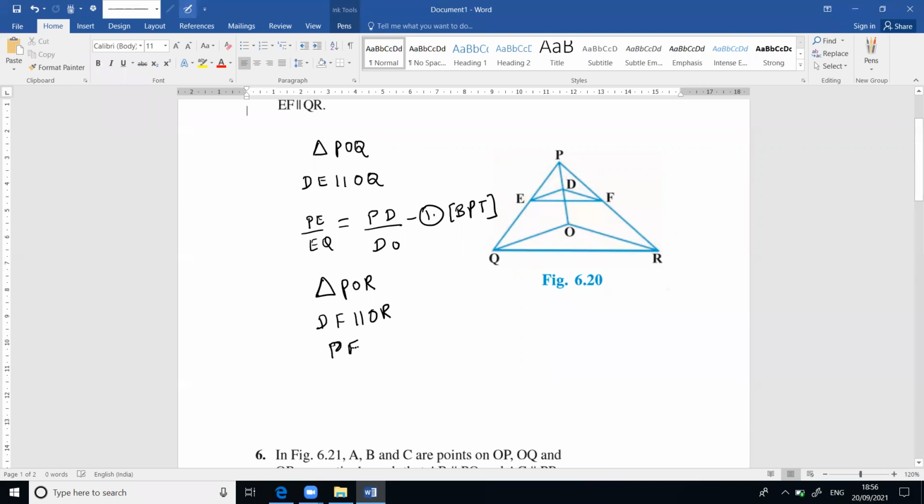Here PF is to FR will be equal to PD upon DO. So this is the second relation which we have written as per basic proportionality theorem.